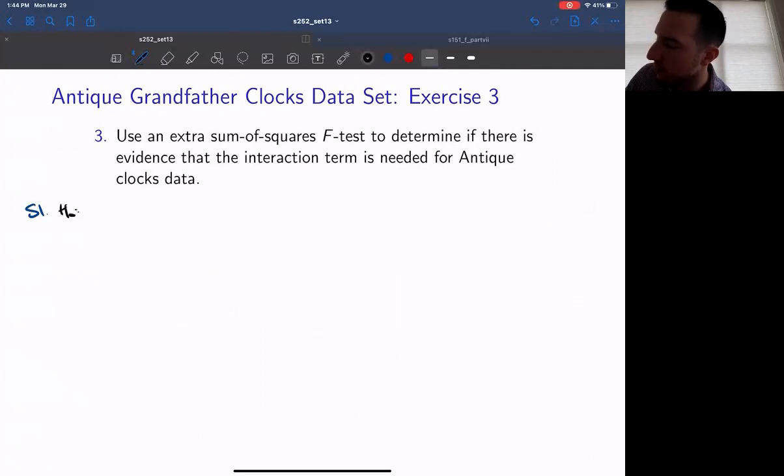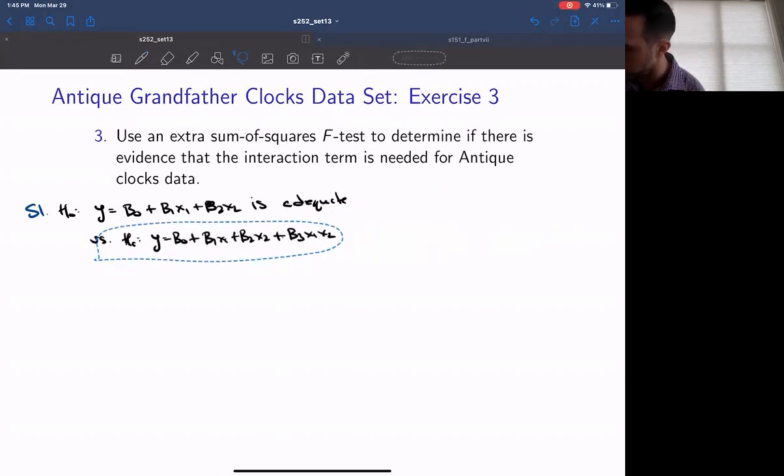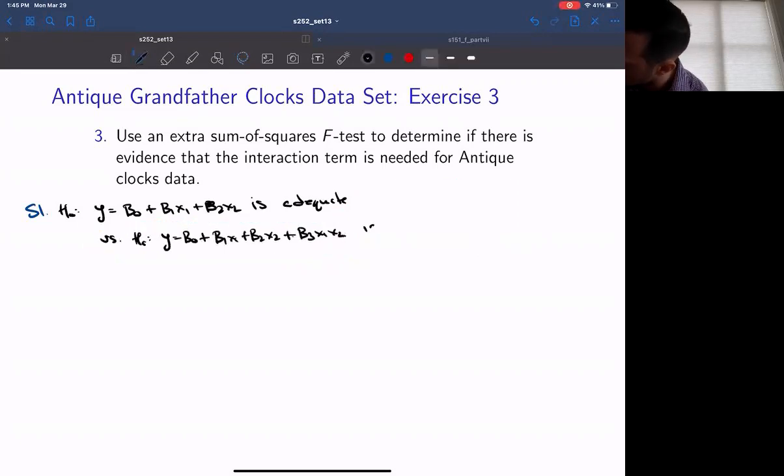So we would have Y equals beta 0 plus beta 1 X1 plus beta 2 X2 is adequate versus HA, Y equals beta 0 plus beta 1 X1 plus beta 2 X2 plus beta 3 X1 X2 is required.